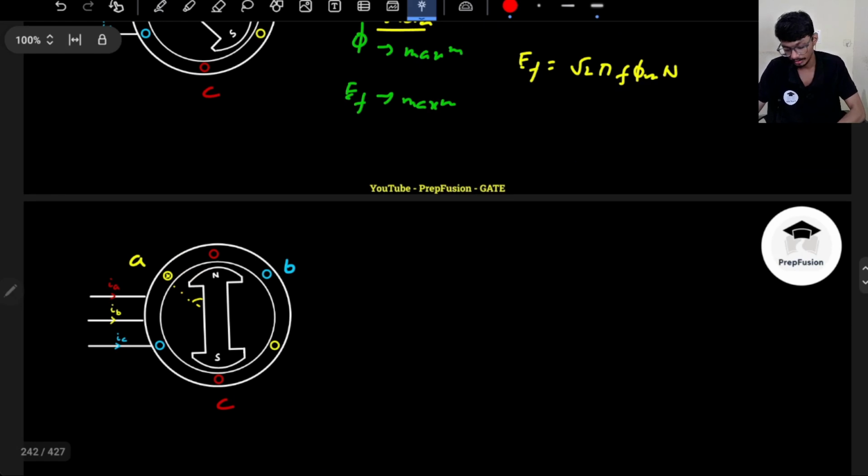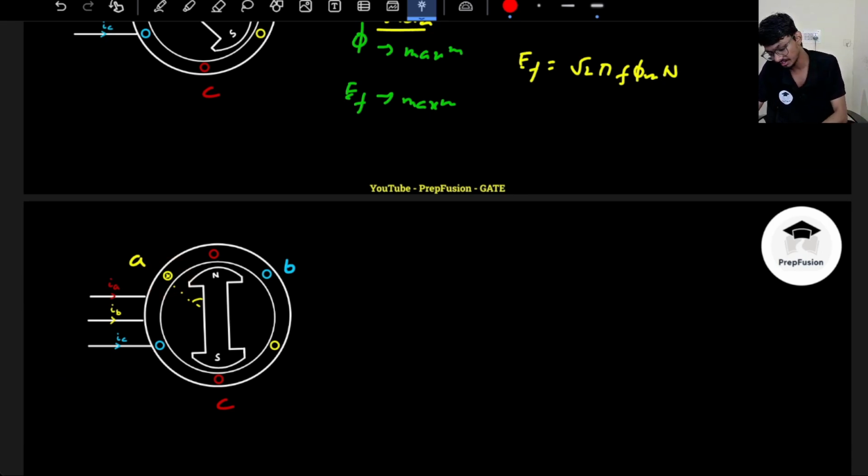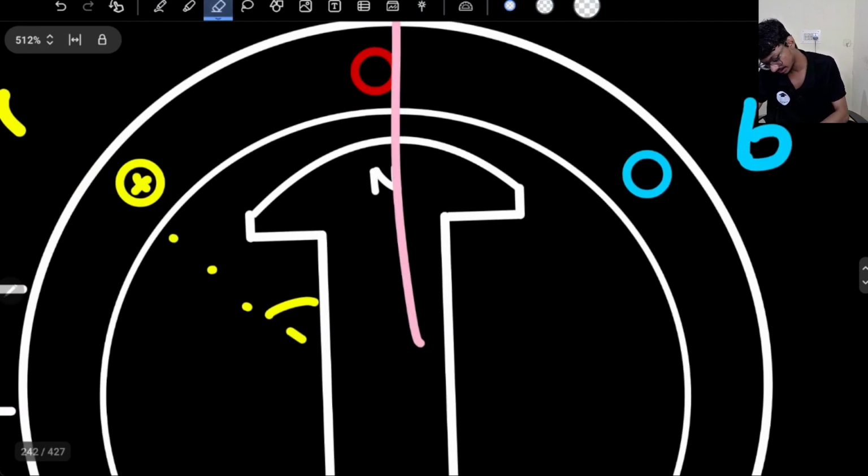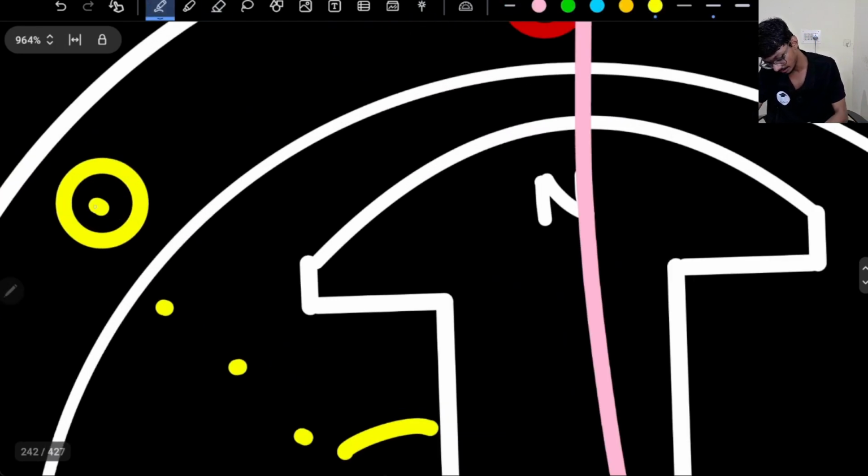Okay, so in this position, what will be the field flux mmf direction? The field flux mmf direction will be somewhere here. What about the armature flux mmf direction? Actually, one thing I had done wrong here. Let's assume that here the current is incoming in A and from the other ends it is outgoing.